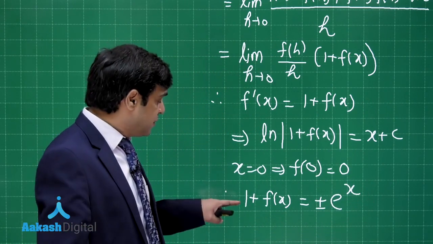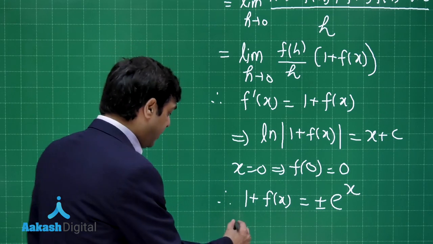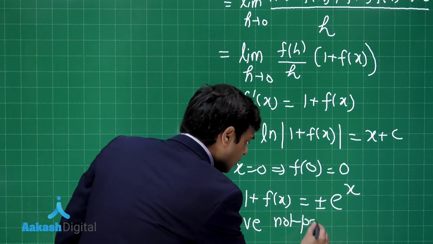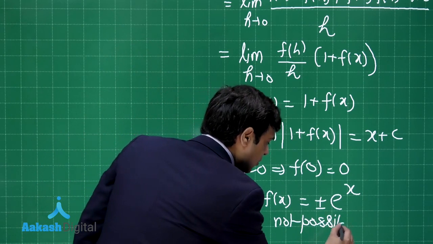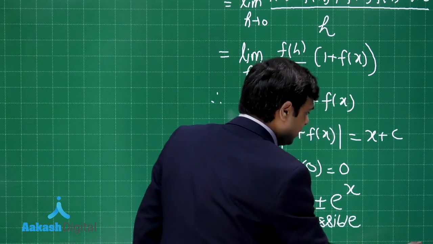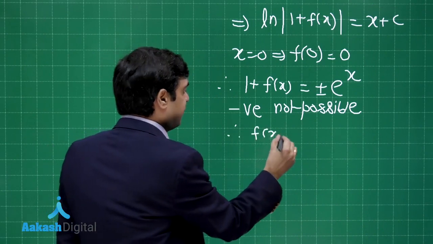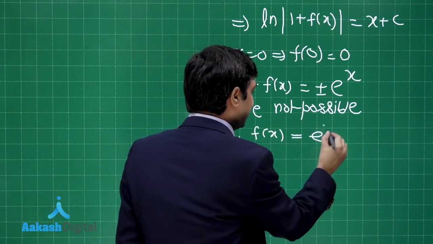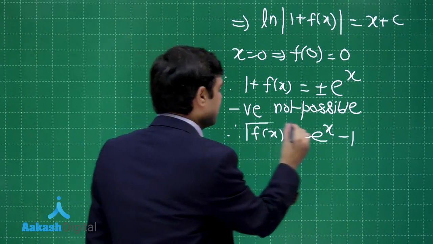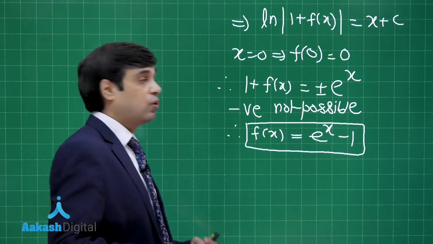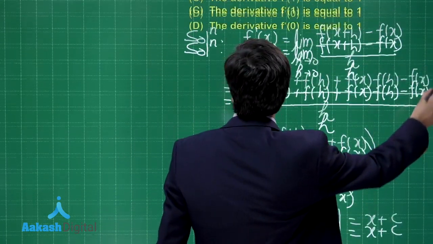Now since f0 is 0, so obviously minus sign will be discarded. Negative, not possible. So we are getting finally fx, and what is that? Therefore fx is e to the power x minus 1. This is my function. Now the function is obtained, time to go for the options.